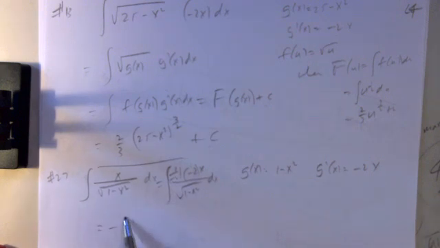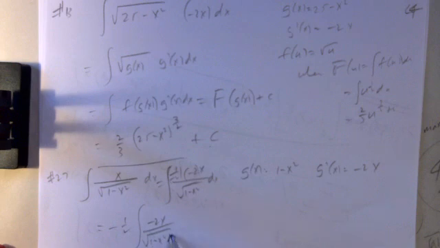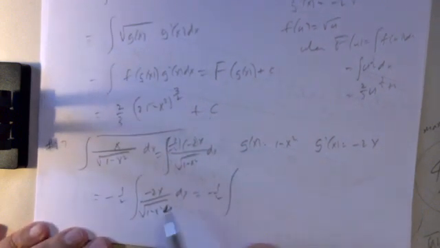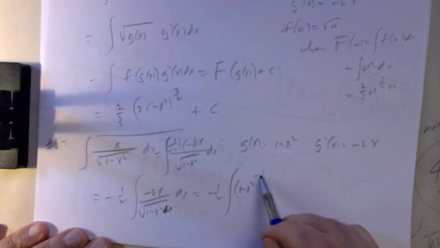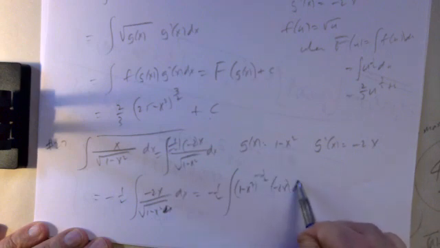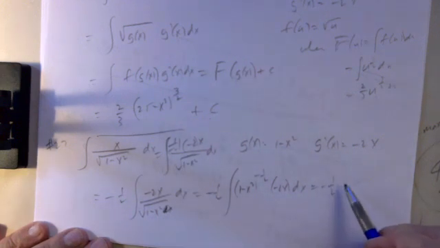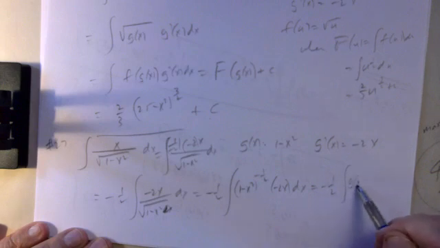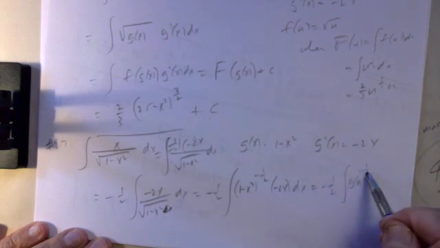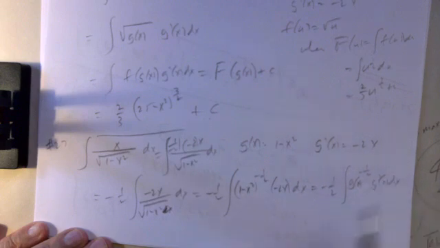So this is minus 1/2, taking this outside, the integral of minus 2x over the square root of 1 minus x squared dx, which is minus 1/2, the integral of, let's see, 1 over the square root of something is that something to the minus 1/2 power, times minus 2x dx. And now you see this is exactly of the form minus 1/2, the integral of g of x, that's 1 minus x squared, to the minus 1/2, g prime of x dx.